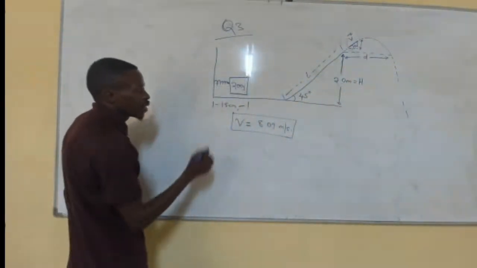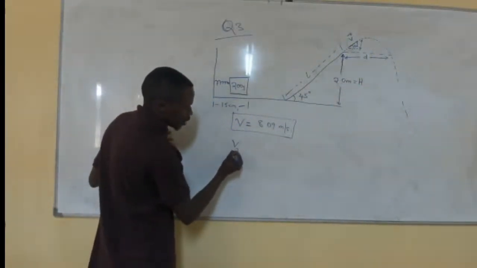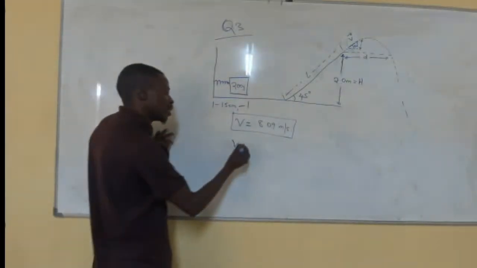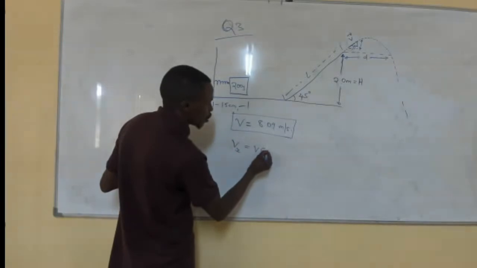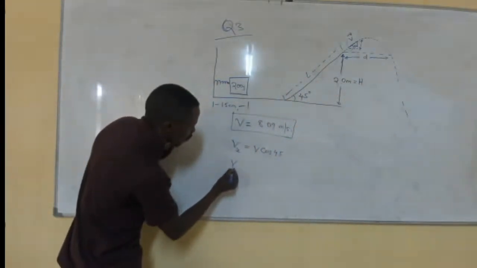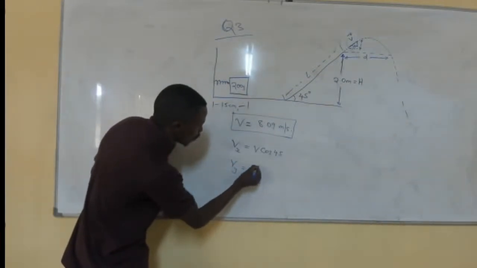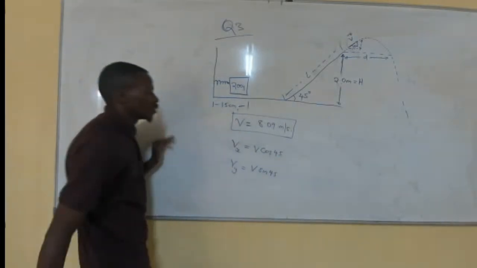So Vx is given by V itself, cos 45, and Vy is given by V itself, sine 45.